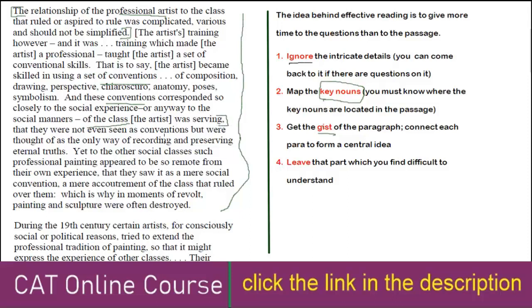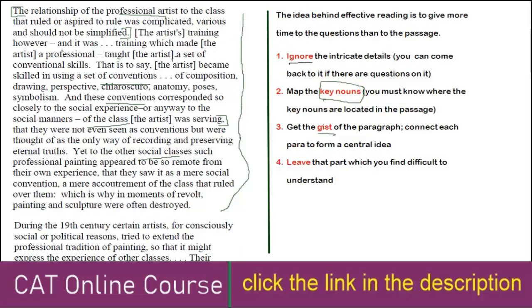That they were not even seen as conventions, but were thought of as the only way of recording and preserving eternal truth. Yet, to the other social classes, such professional painting appeared to be so remote from their own experience that they saw it as a mere social convention, a mere accoutrement of the class that ruled over them, which is why, in moments of revolt, painting and sculpture were often destroyed.